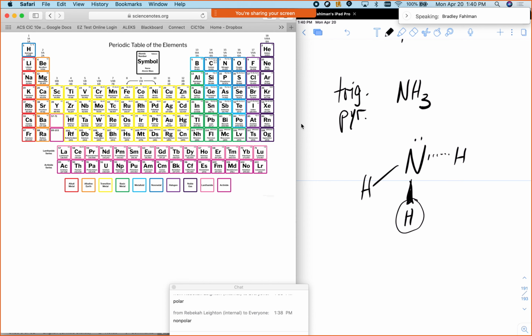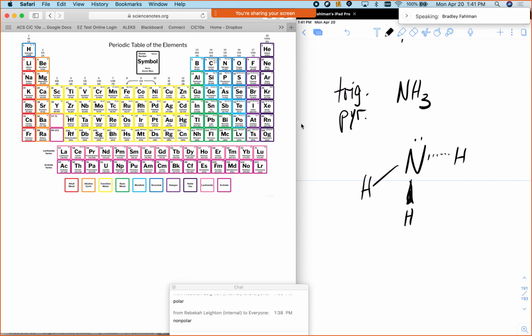That's why I drew it shaded. This one is going back behind your computer screen, and this one is on your computer screen. Again, these angles are going to be a little less than 120, but not much, maybe 118, 117, something like that.